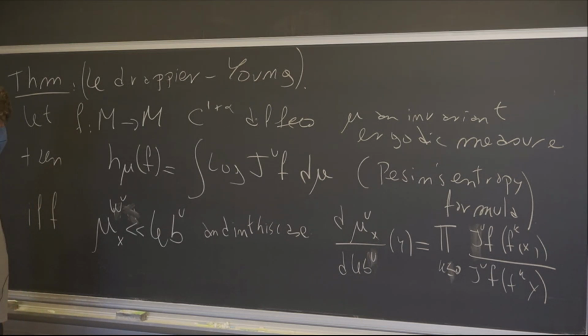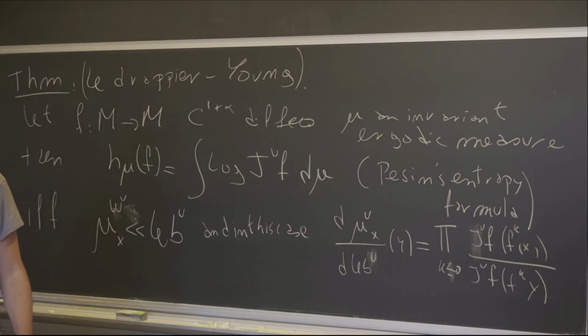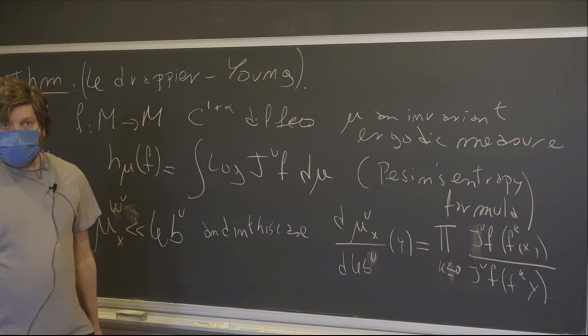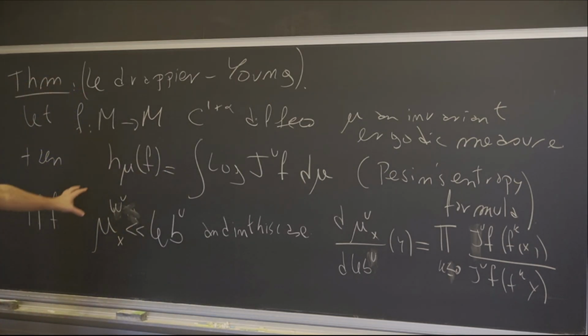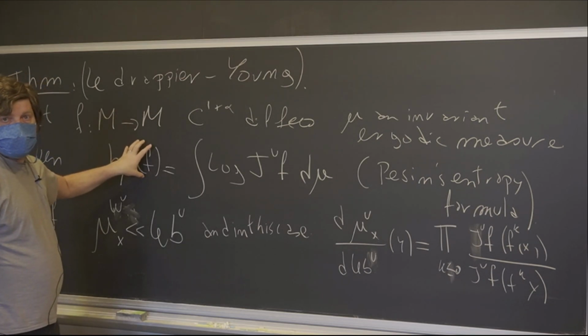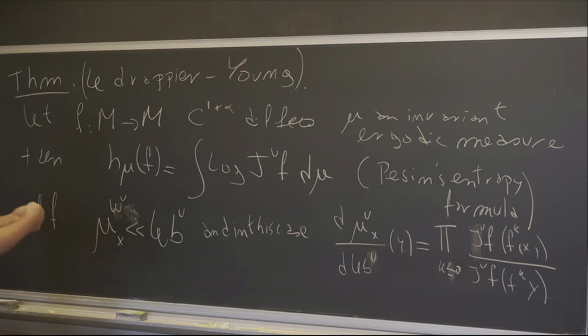And what Ledrappier-Young shows is the other implication, that if you have equality, then you have this property here. The proof is actually not too hard once you have the previous theorem, knowing that this entropy contribution here is the entropy along the unstables. And then you just do some Jensen inequality, and you get it. So I will not get into it.